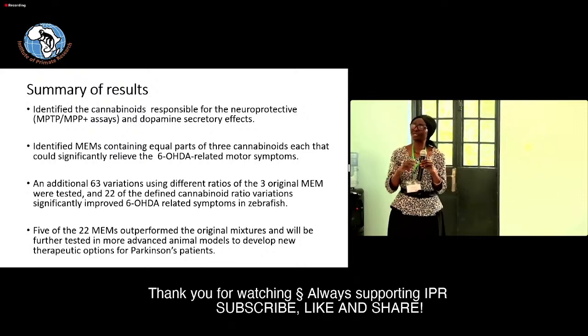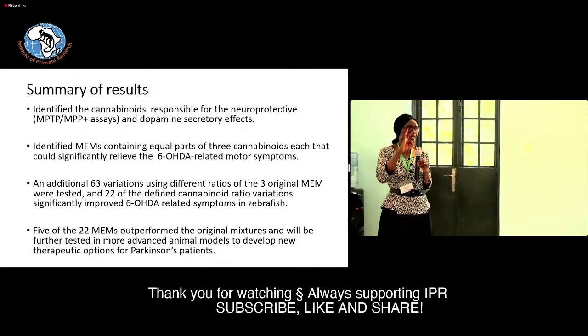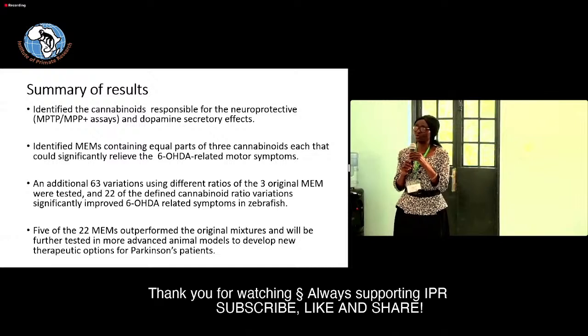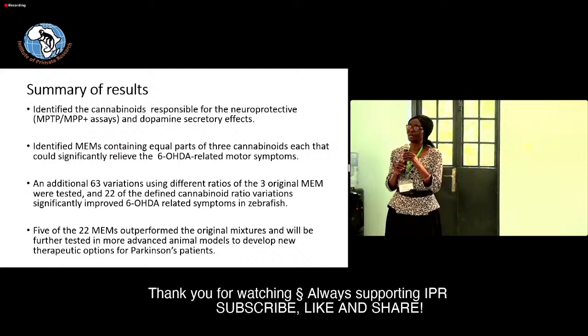They had identified 3 cannabinoids that they wanted to make sure the mixtures they formulated contained, those 3 major cannabinoids. So they identified the minimum essential mixtures containing equal parts of the 3 cannabinoids that were able to alleviate the 6-hydroxydopamine motor symptoms.